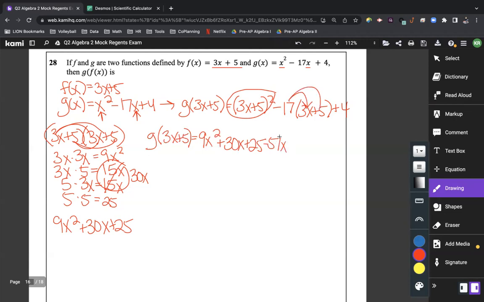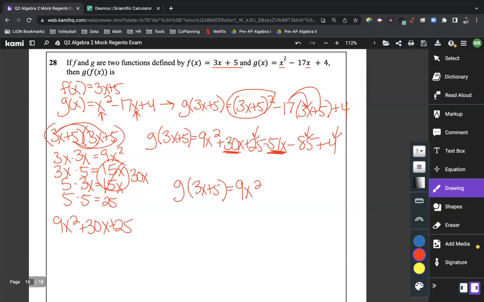Negative 17 times 5, let me do that real quick on the side. It's 85, that's negative 85, plus 4. Now, like terms: nothing else is 9x squared, but I got 30x and negative 51x. I got 25, negative 85, and 4. So g of 3x plus 5 equals 9x squared.